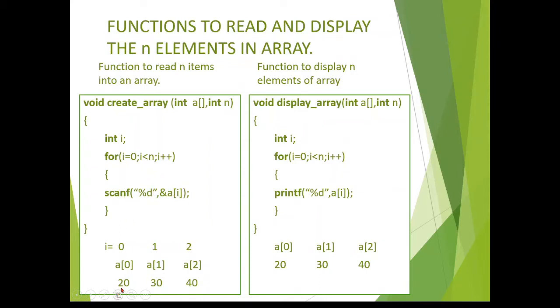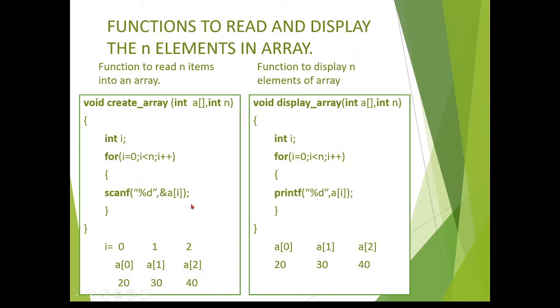The first element is 20, and after that we increment i. Now i is 1, which is less than 3. Again we take an element at position 1, that is 30, and again we increment the value of i and take the value at position 2 as 40. Here we have taken the elements 20, 30 and 40 into an array.